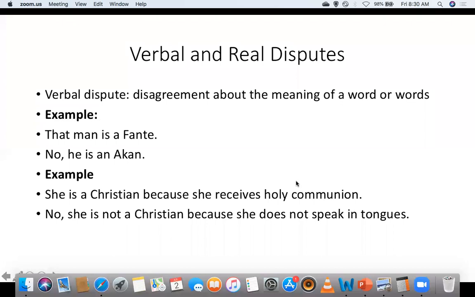And we are saying that a lot of disputes out there are in this form. They arise because of the lack of clear meaning of words. So many of the disagreements in this world can actually be resolved by a clarification of terms. That is why in many philosophical articles, you see them beginning with a clarification of terms.